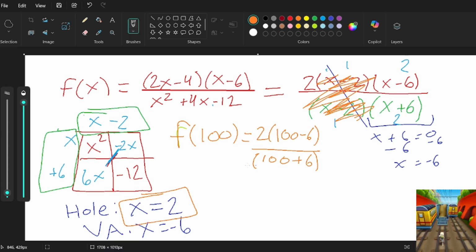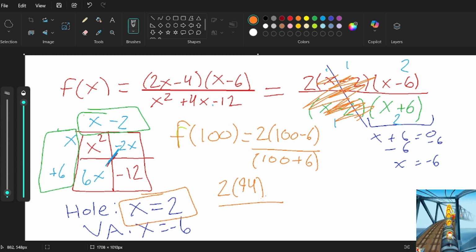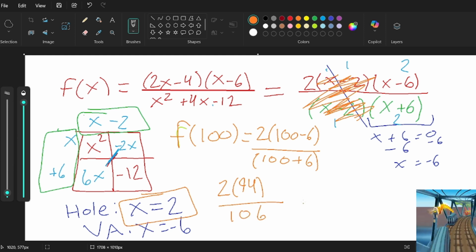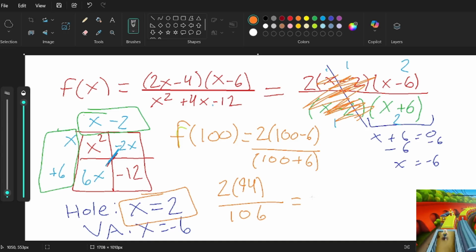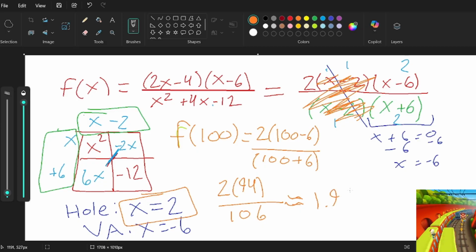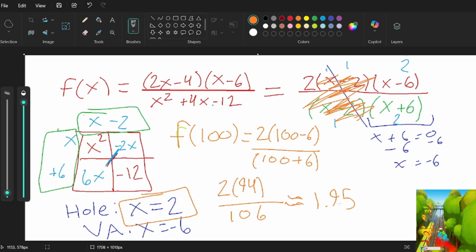So I get 2 times 94 over 106. I don't really care to get a calculator, but you should get that this is pretty close to, like, I don't know, 1.95 or something. Again, I have no idea what that exact number is, but it's going to look like this, right? 1.9 something.